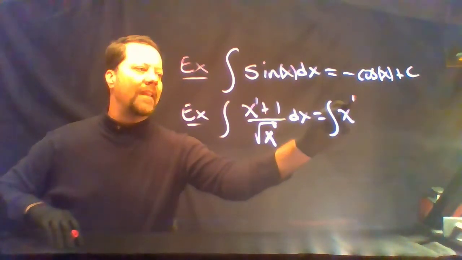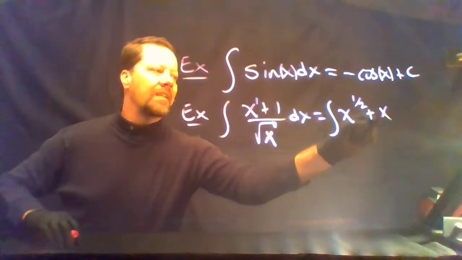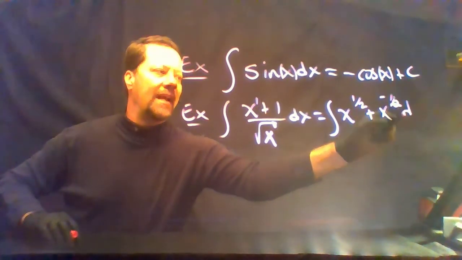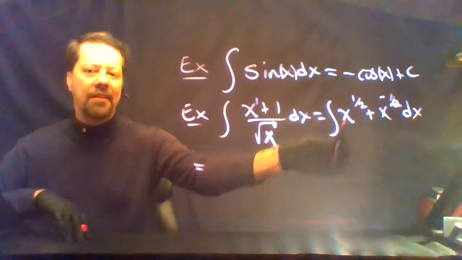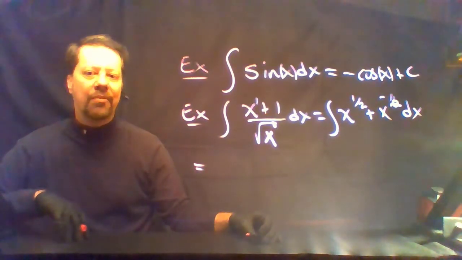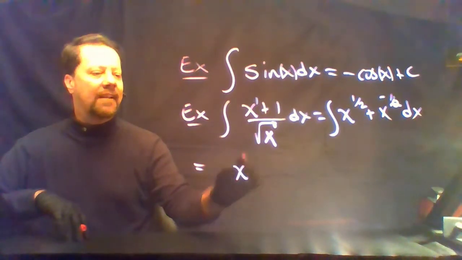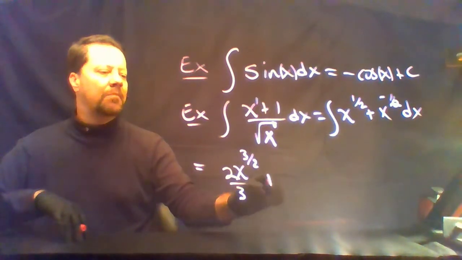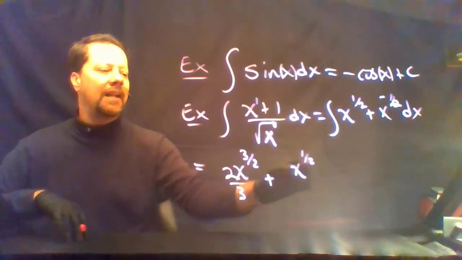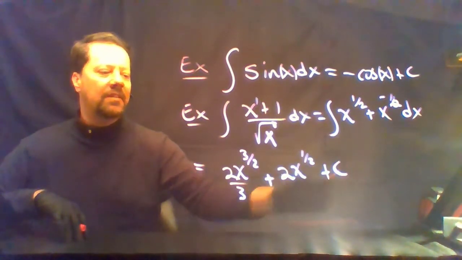We'll end up with x to the 1/2 plus x to the minus 1/2. Now we may apply the power rule for antiderivatives to both terms. We'll have x to the 3/2 times 2/3 plus x to the positive 1/2 times 2 plus c.